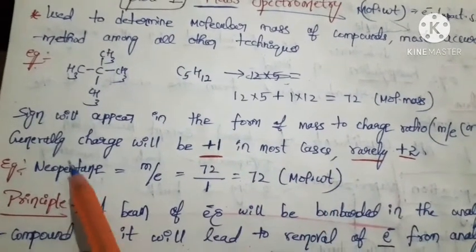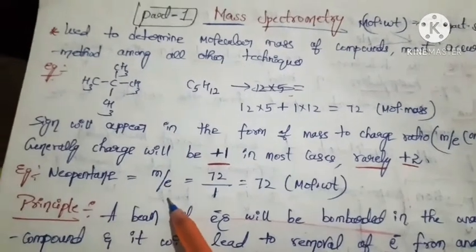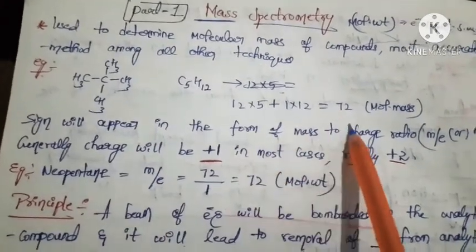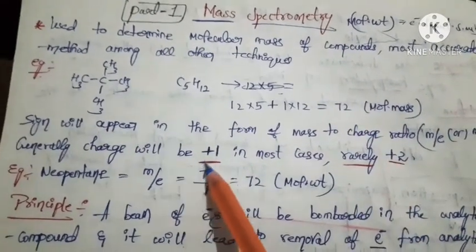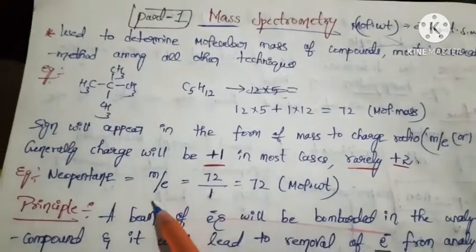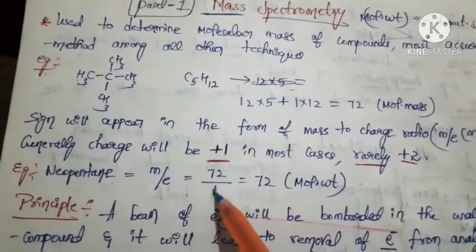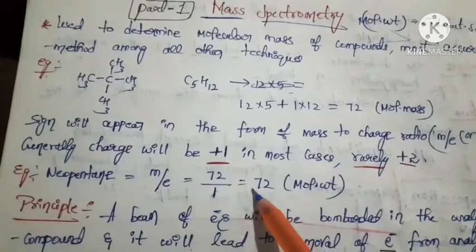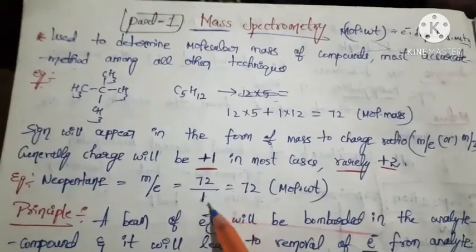See, neopentane: for this we have to find the mass to charge ratio. Already we have calculated the mass, no? We got 72 as mass, so 72 by charge. Generally the charge will be +1, so 72 by 1 is equal to 72. So this is the mass to charge ratio.